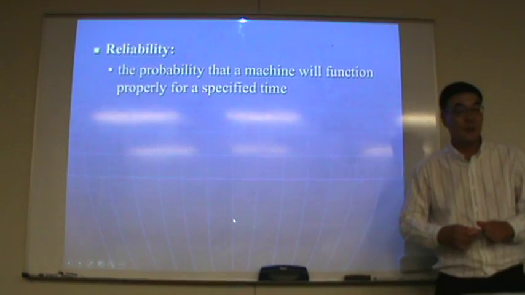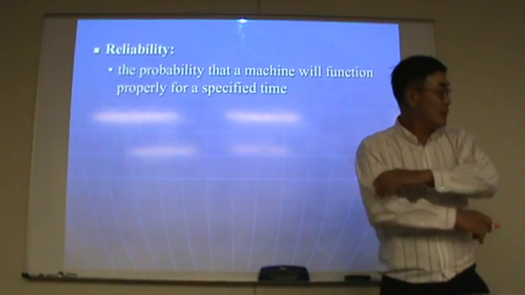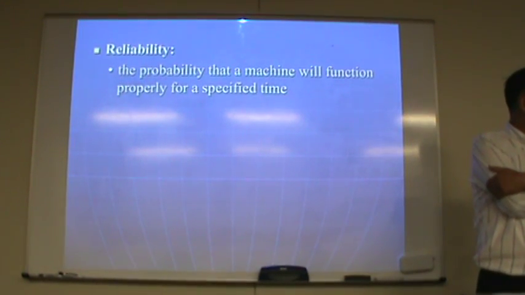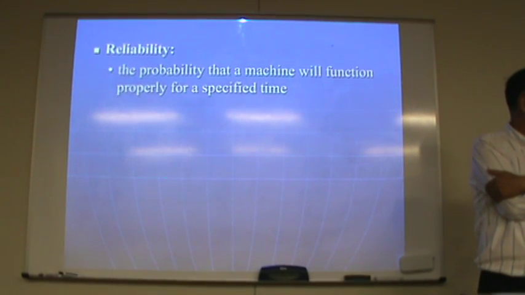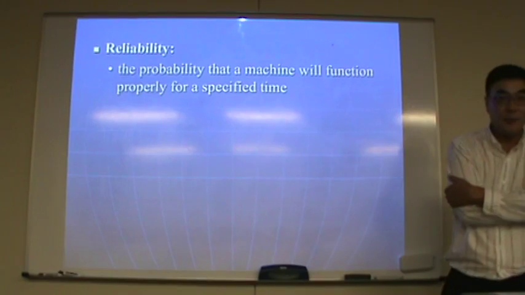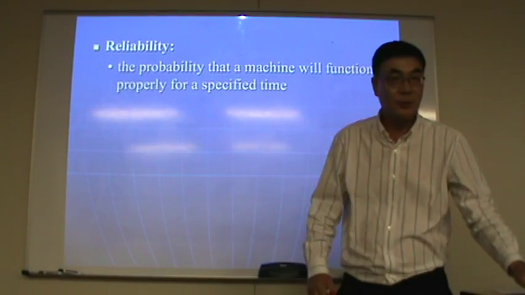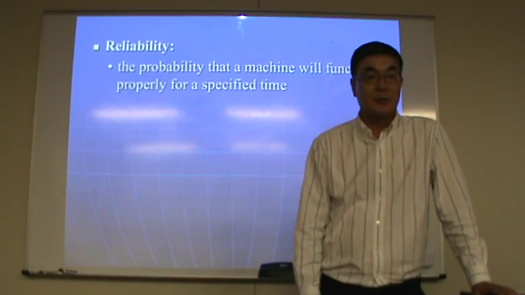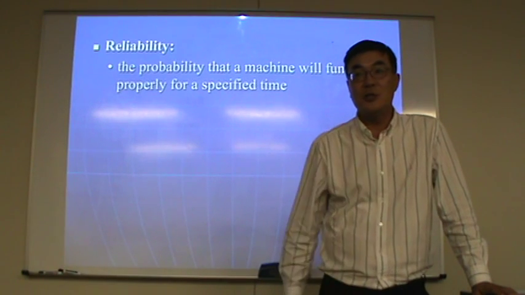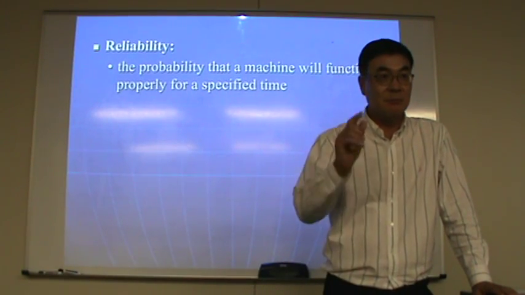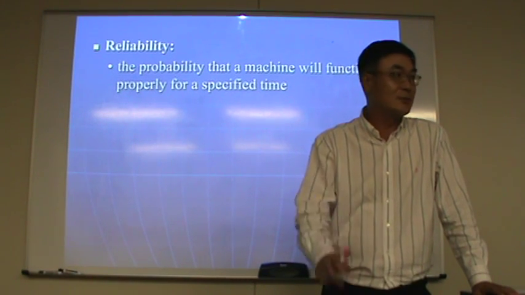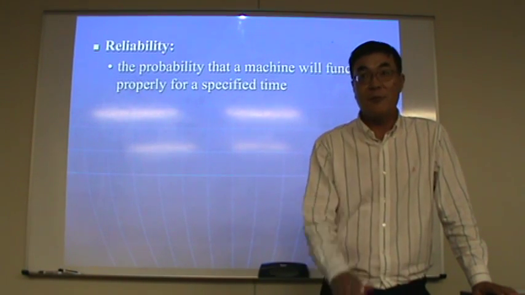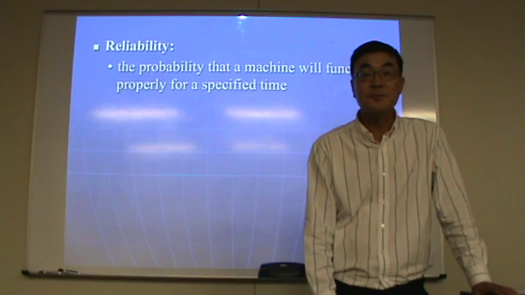Reliability. The probability that a machine will function properly for a specific time. Okay. Your car, turn on the engine every time, then you go. But sometimes reliability is not good, right?